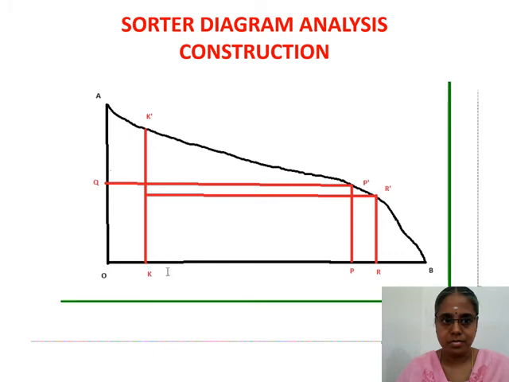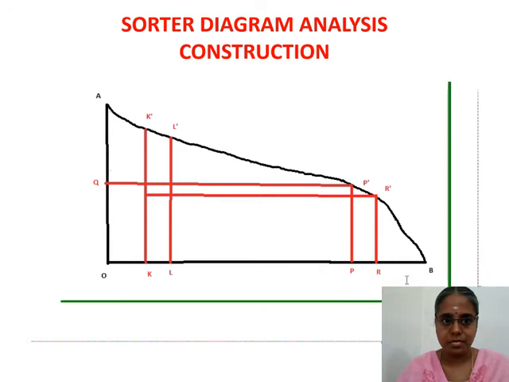So mark a point L, and from there draw a perpendicular to OB, L dash. This is your effective length. With this almost 80% is completed.